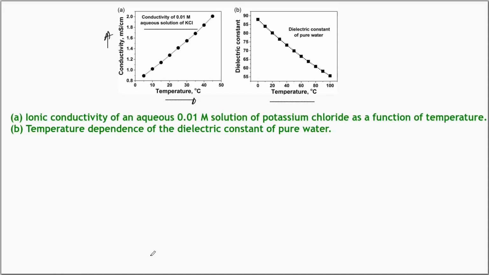We have also seen how temperature affects the ionic conductivity. In an aqueous solution of KCl, with the temperature, the ionic conductivity increases almost linearly, while the dielectric constant of water decreases almost linearly. So the combined effect would give rise to the conductivity of aqueous solution of KCl at any given temperature.